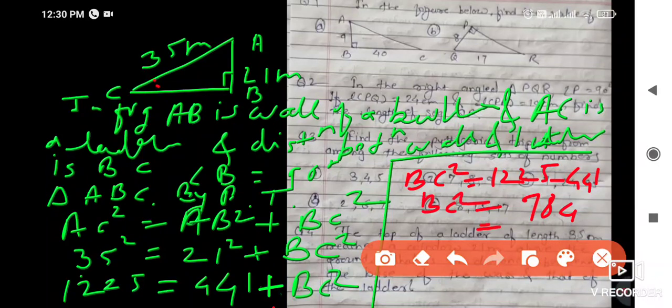Now we take the square root, so BC is the square root of 784, which is 28.